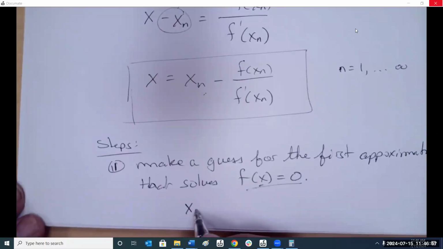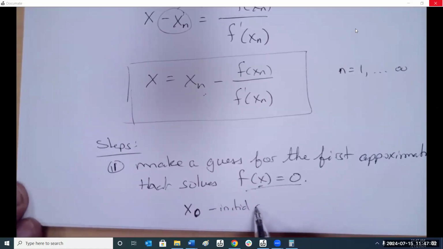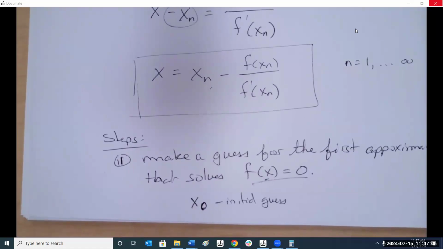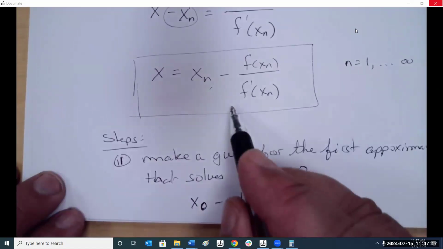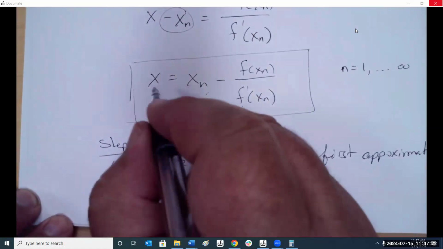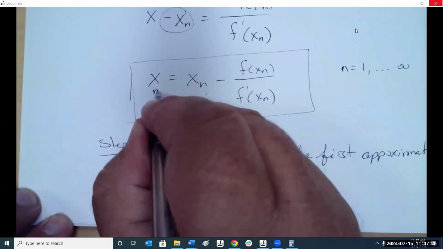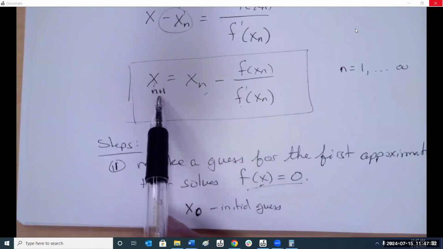Well, let's just make it x sub 0 since that's our initial guess. What do we do with it? We plug this inside our formula here, because we're looking for our next x value, which is x sub n plus 1.